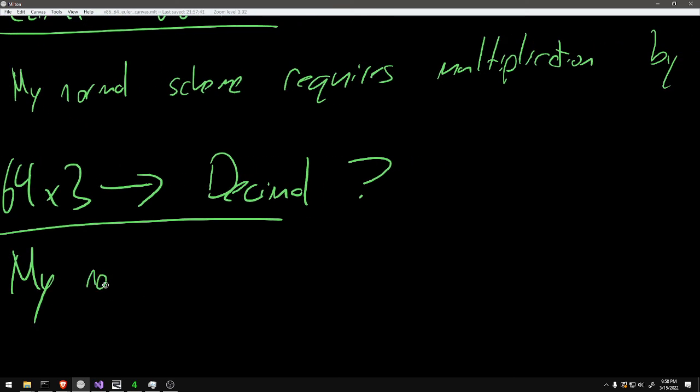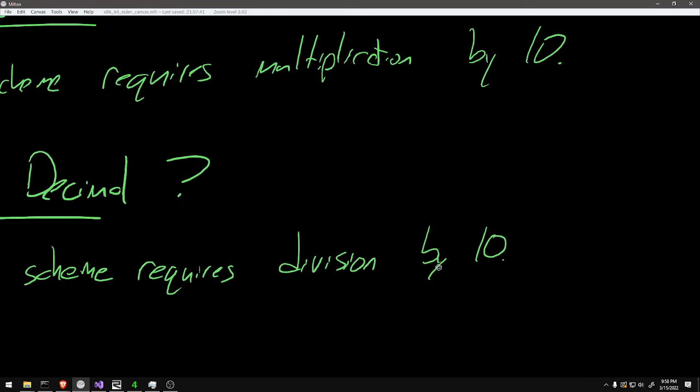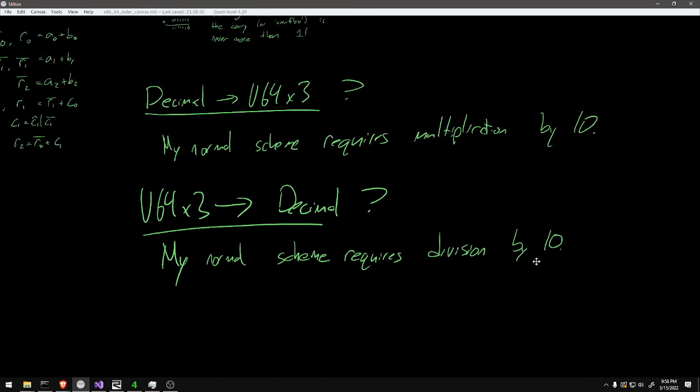My normal scheme requires division by 10. So if I do it the way I normally do it, I would have to equip these things with multiplication and division as well. At least multiplication and division by a small number.